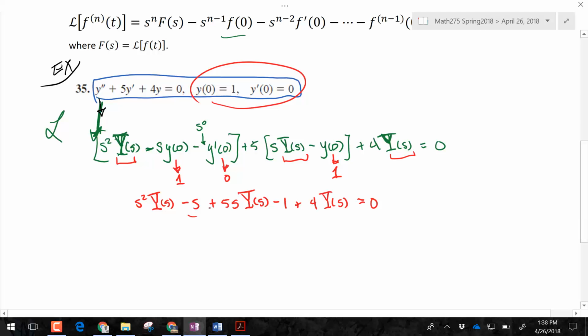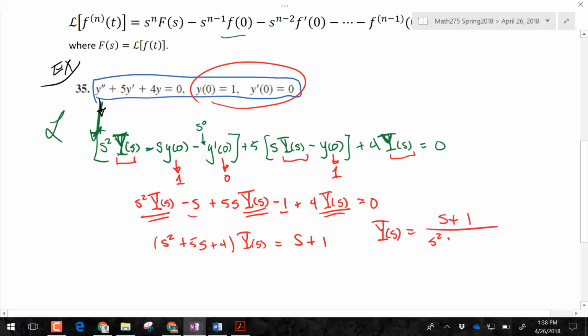So we can bring the s over to the other side, plus 1, and then everything else has an s term in it, or a Y. So your Y of s is equal to s plus 1 divided by s squared plus 5s plus 4. So we're done with the algebra.